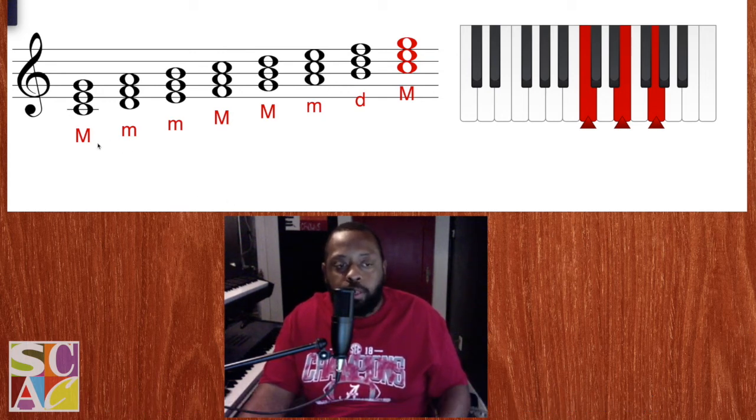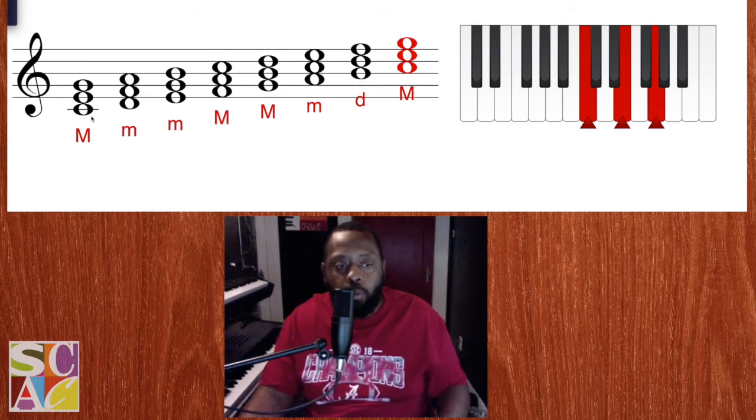Now, let's discuss the uppercase and lowercase m. This is the formula for a diatonic triad in a major scale: major, minor, minor, major, major, minor, diminished, major. Each note has a number associated with the scale or the chord.